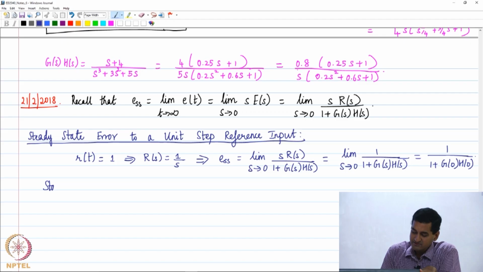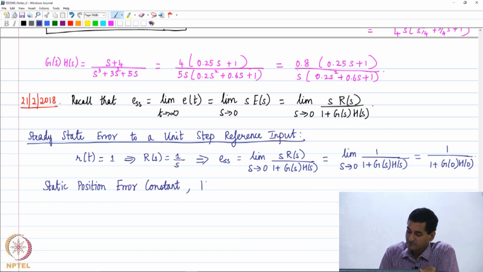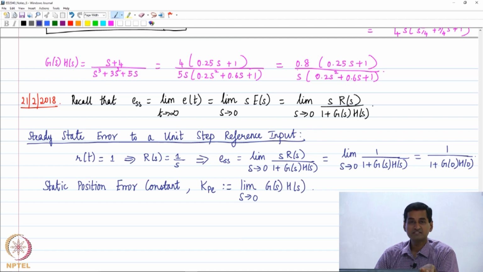Using this we define what is called a static position error constant, which is denoted by Kpe, that is defined as limit s tending to 0 of G of s H of s. That is a definition, a parameter.